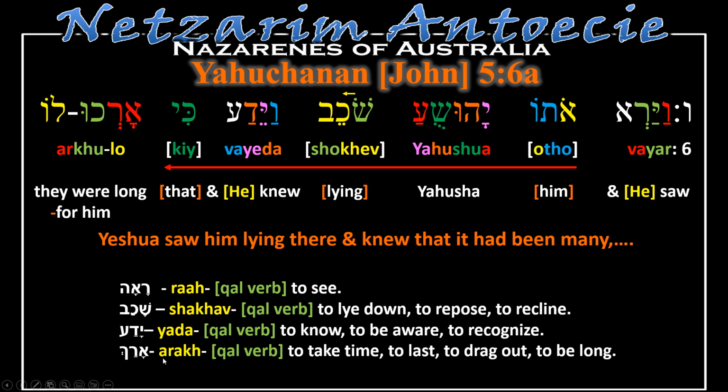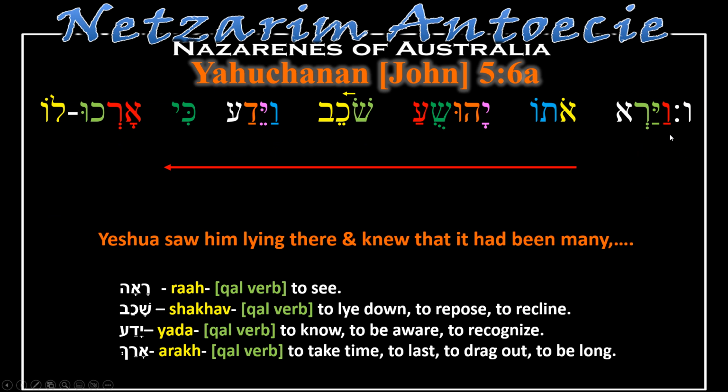If we look down here, we've got arak, which is a kal verb, to take long, to last, to drag out, to be long. I've also given you yada there, to know, to be aware, to recognize. So the translation is: Yeshua saw him lying there and knew that it had been many.